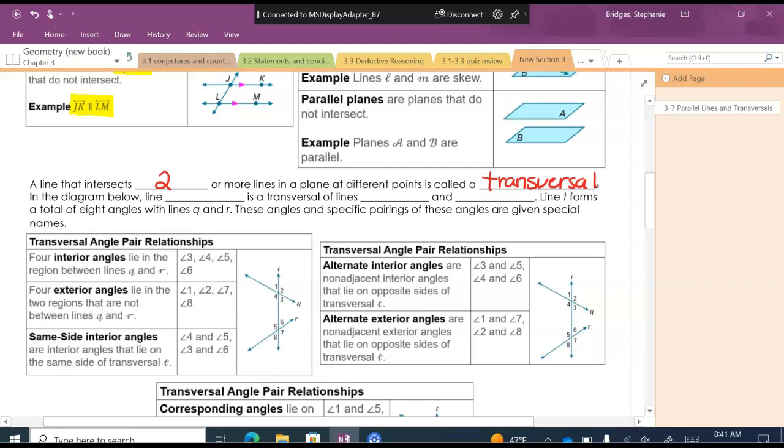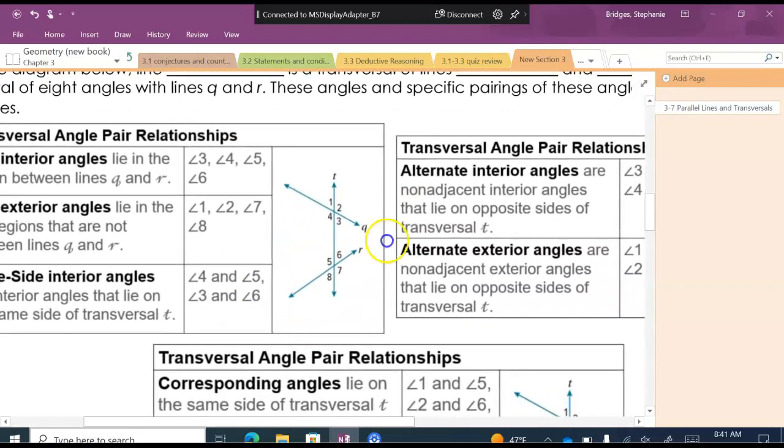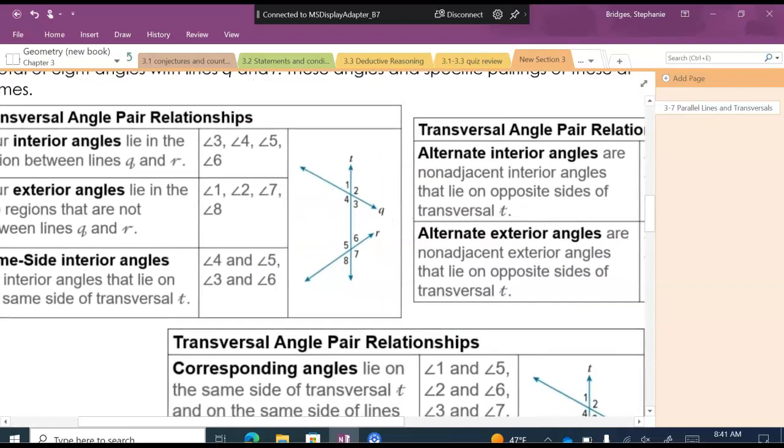So if we look at that diagram below, which one line, line T, Q, or R, touches two other lines? Look at your picture down below in that box. Which line touches two lines, T, Q, or R?